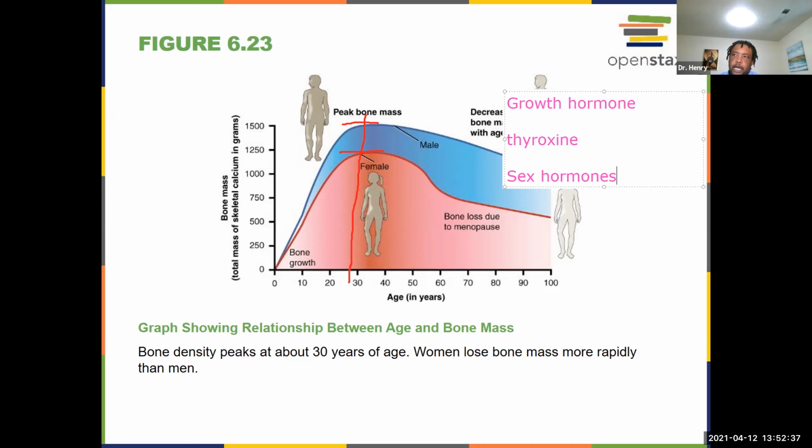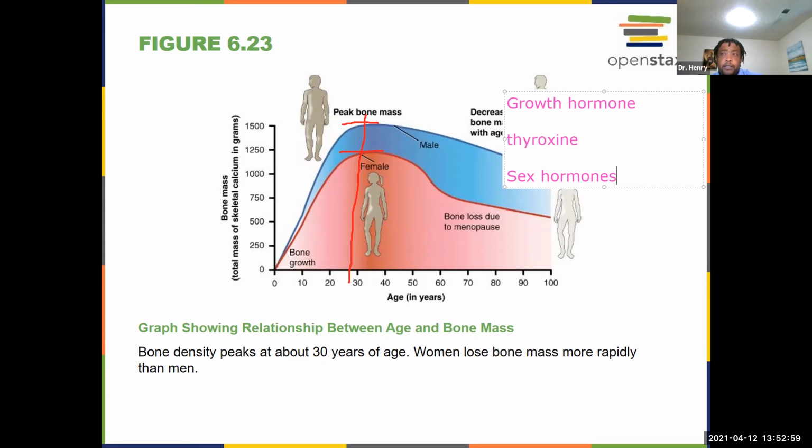And that's going to be responsible for our growth spurts. So when we start to get a little frisky and those sex hormones start elevating, our growth spurts are going to be kind of simultaneous with them. Okay.